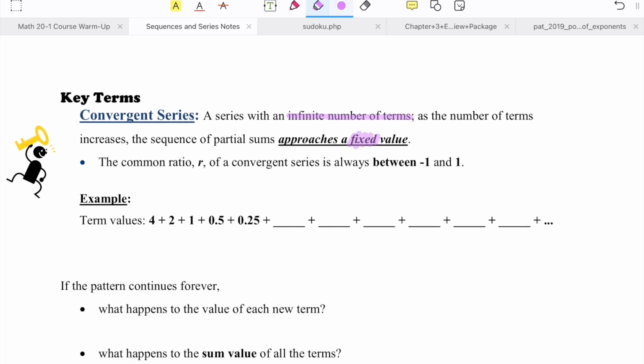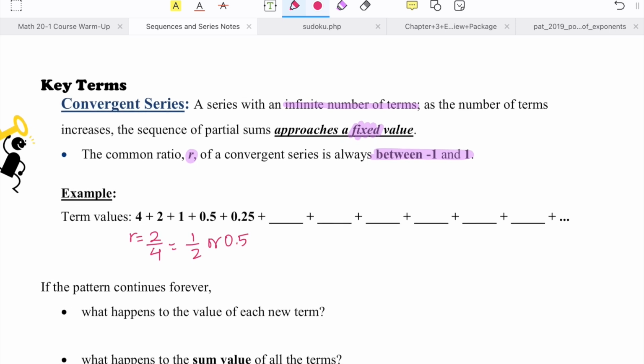This can only happen if the common ratio is between -1 and 1, just like 0.5 in Zeno's case. So if we're looking at 4, 2, 1, 0.5, 0.25, is this an arithmetic or geometric series? Geometric, because the ratio is 0.5. 2 divided by 4 is a half, or 0.5.